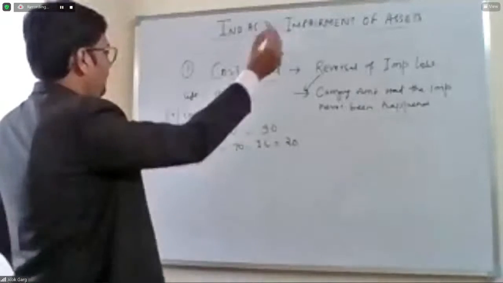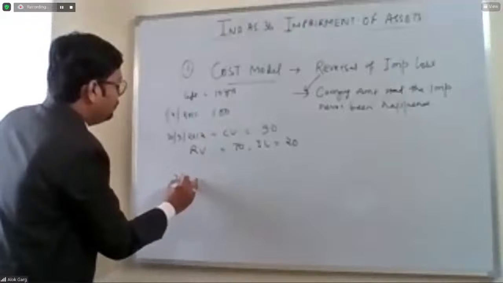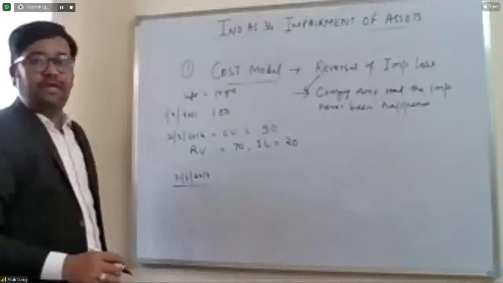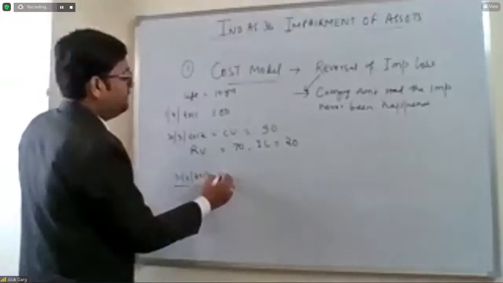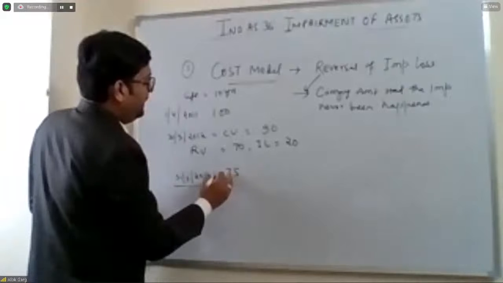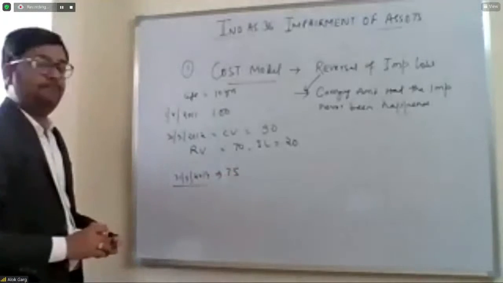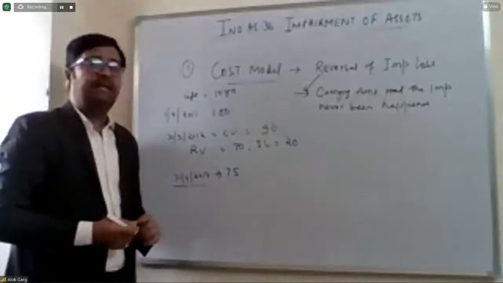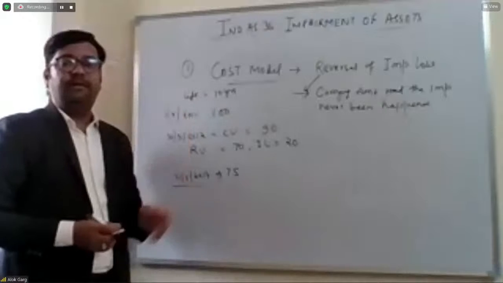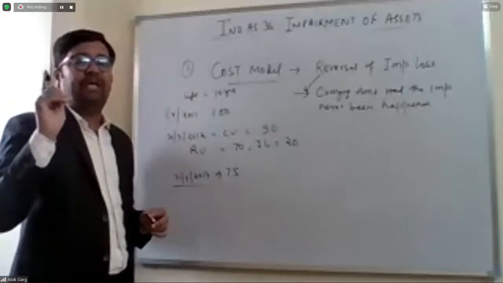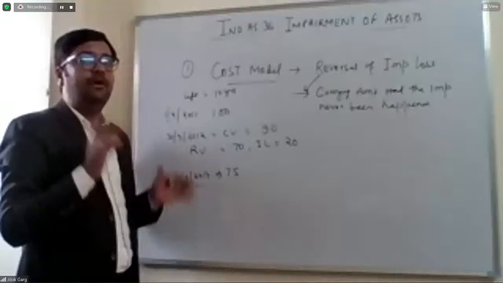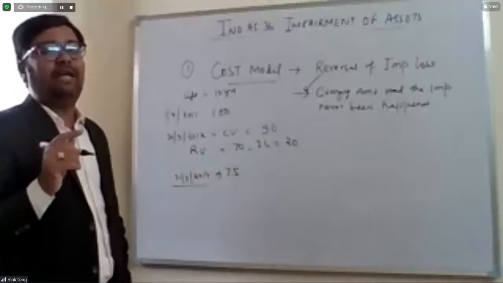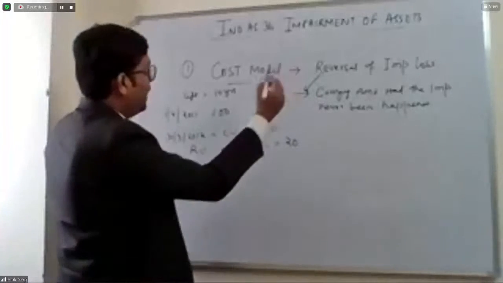So now, on 31st March 2014, the recoverable value will become 75. The recoverable value becomes 75. So the standard says that had this impairment never occurred, if the company had not charged impairment loss at any point of time, what should be the carrying value at the end of 31st March 2014?